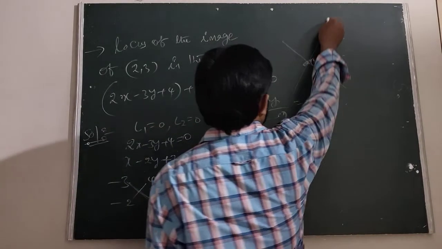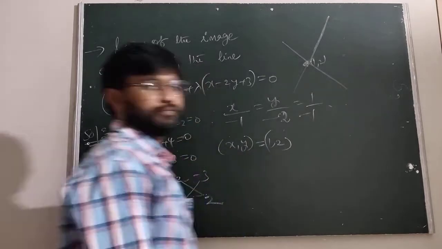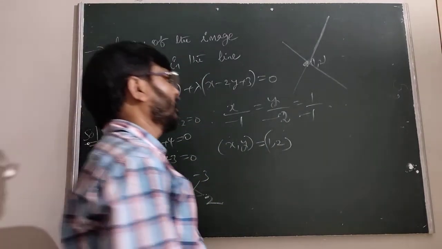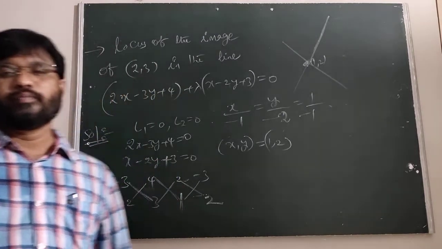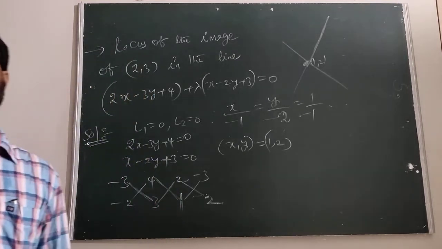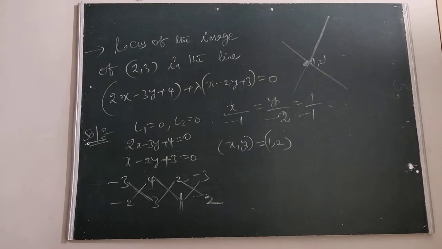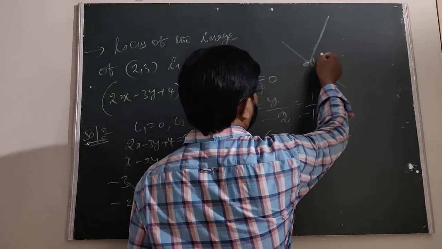Suppose this is (1, 2). Is it clear? Therefore, we have to take the image of (2, 3) with respect to the family of lines. So, is it clear? This is (1, 2).